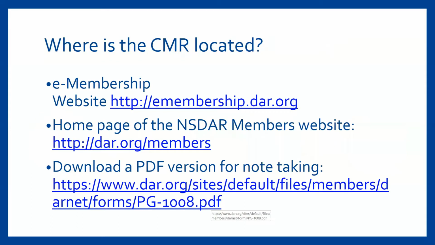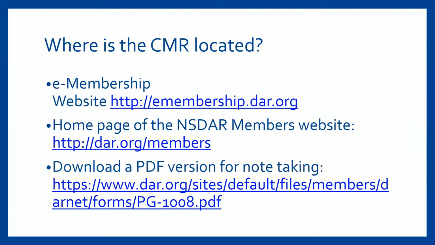Let's begin by taking a look at the Chapter Master Report, or CMR as it's usually referred to. You can access a CMR either through e-membership or through the NSDAR members website. You might also find it helpful to print out a copy of the CMR for taking notes, planning chapter activities, or to share with your chapter committee members.